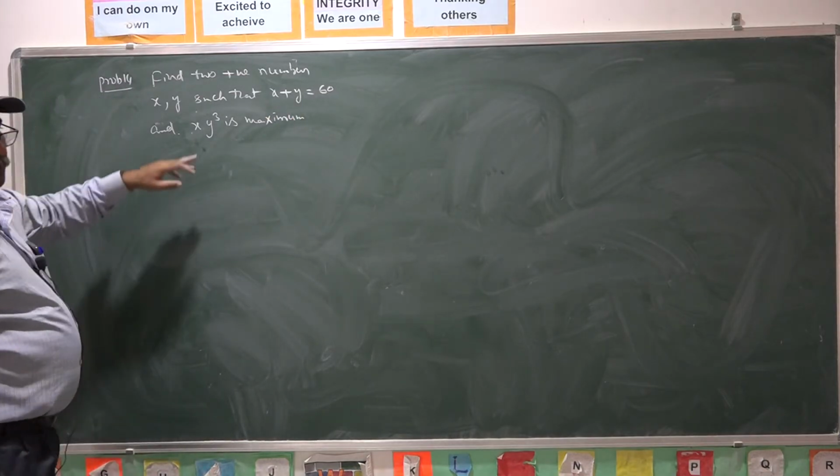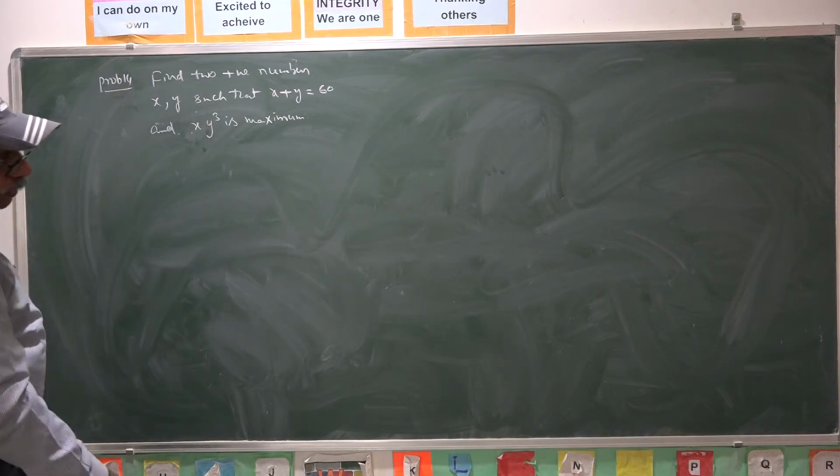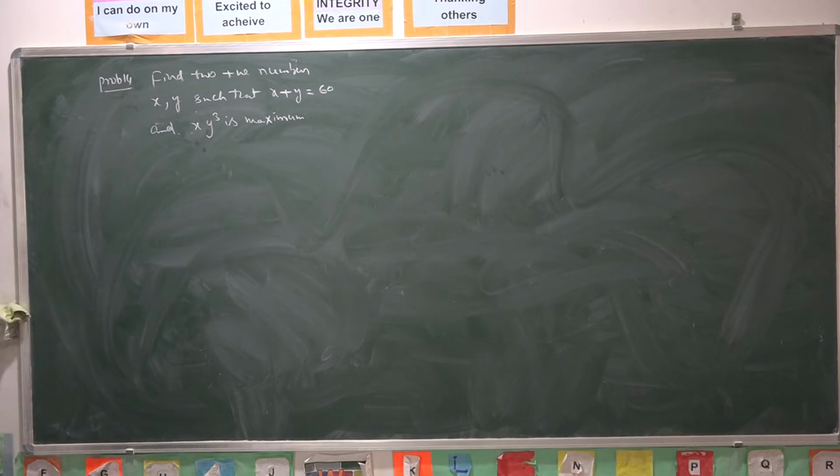That is, the product of x and the cube of the other number is maximum.